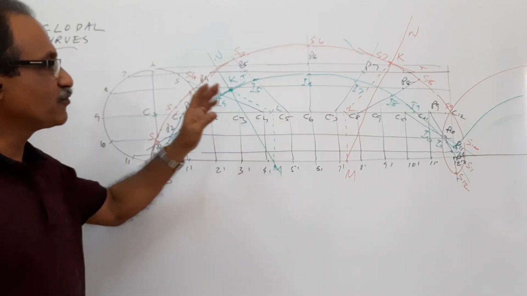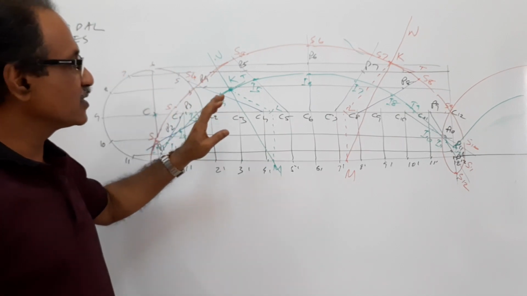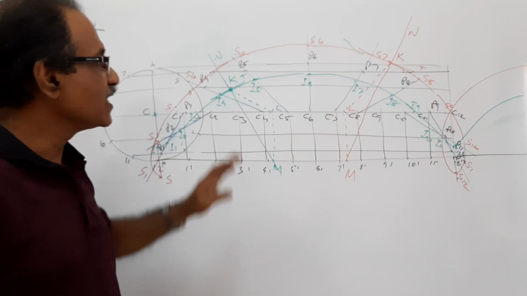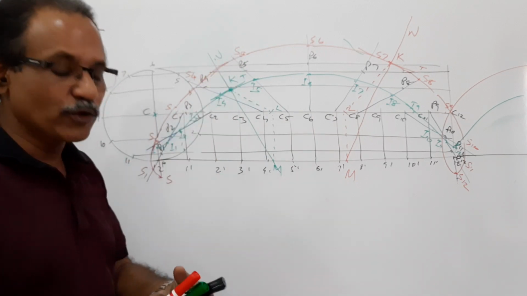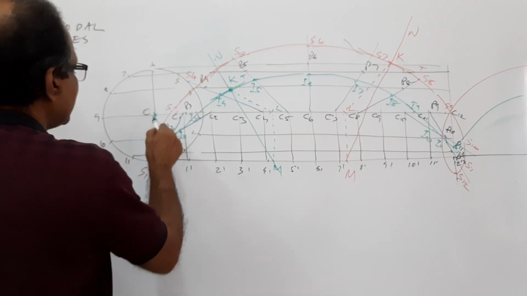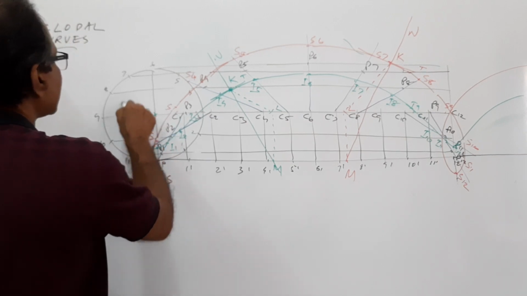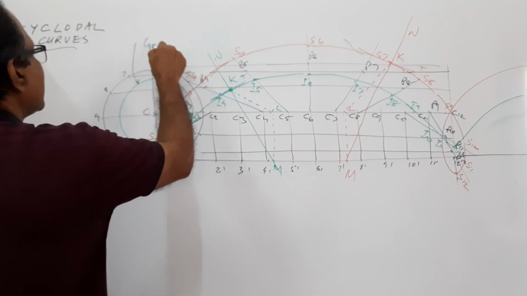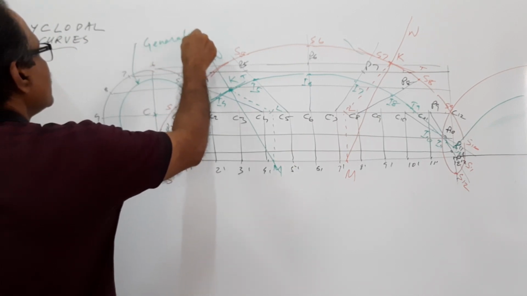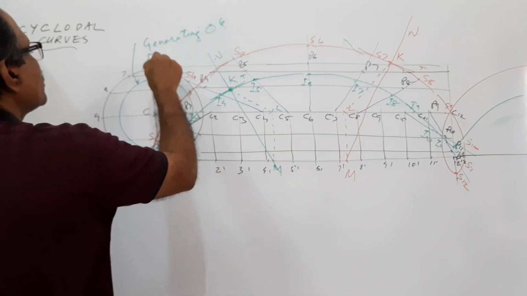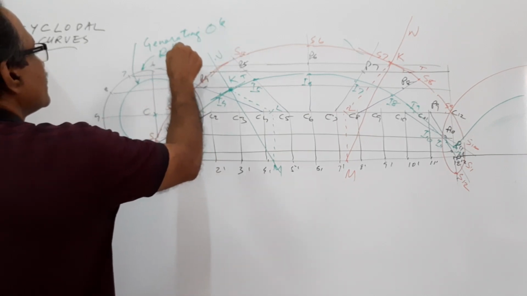The advantage of drawing trochoids after getting P1, P2, P3, that is the path of a cycloid, is that the procedure is the same. There is no way you can go wrong. Now, if you draw a circle with C as center and CI as radius, 18 mm radius, this circle is called the generating circle, whereas this remains the rolling circle.